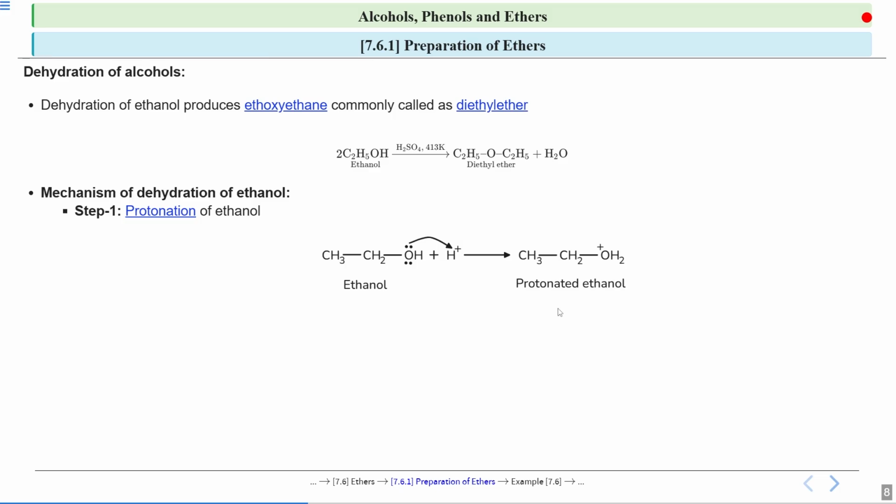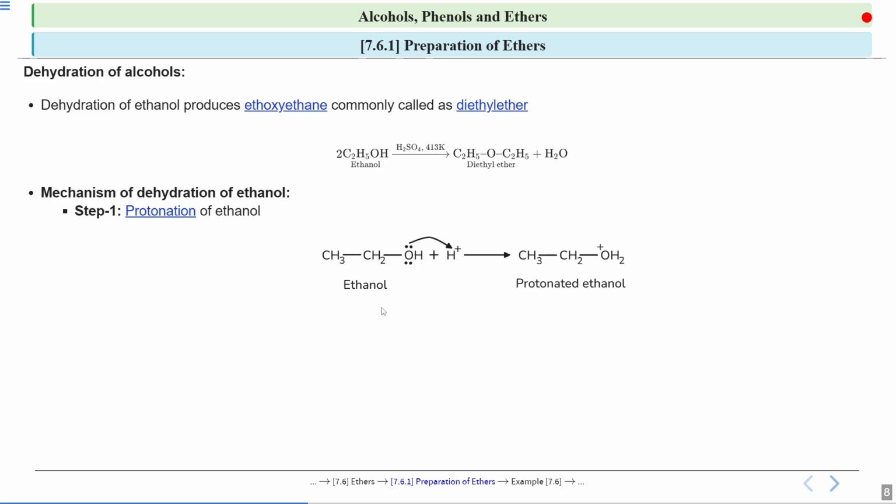Now what will happen? A nucleophilic attack will happen. So from where will we get the nucleophile in this reaction? Can you guess? Students, see here we have taken 2 moles of ethanol. That means we have 2 molecules of ethanol. So if one has reacted here, then one must be left, and that will act as your nucleophile.